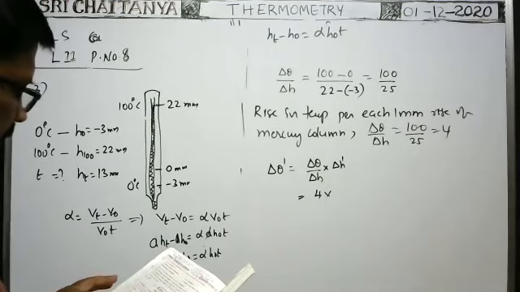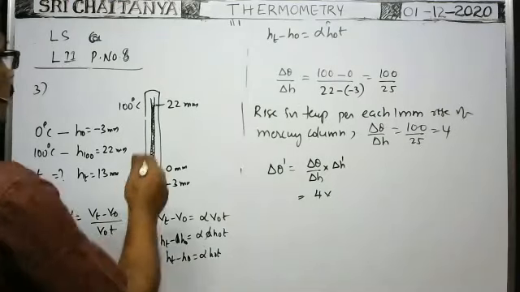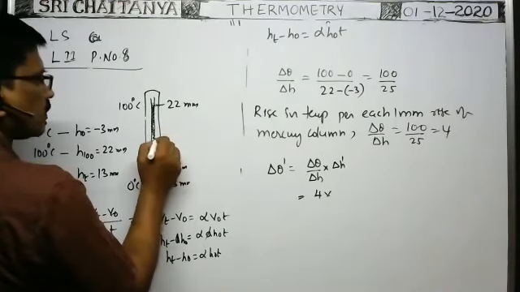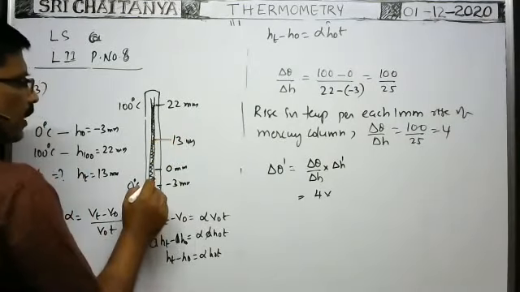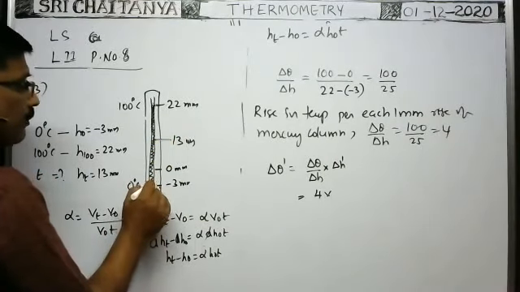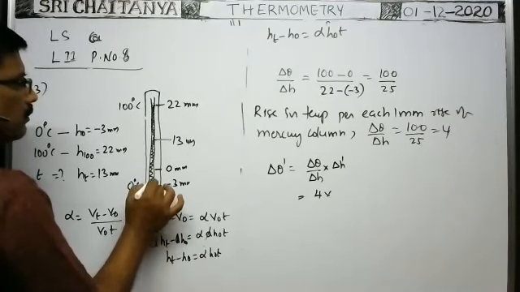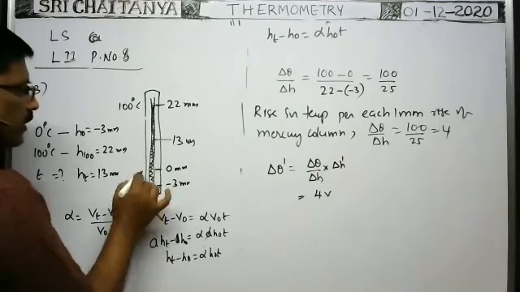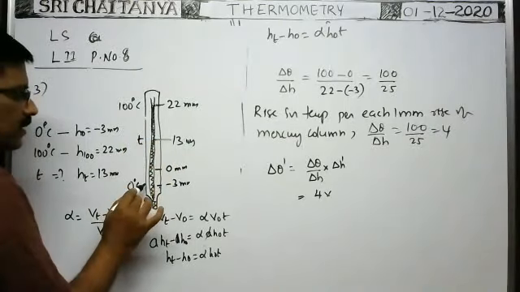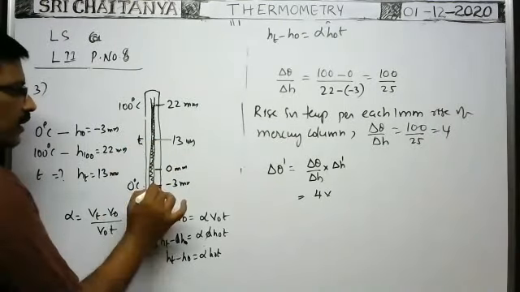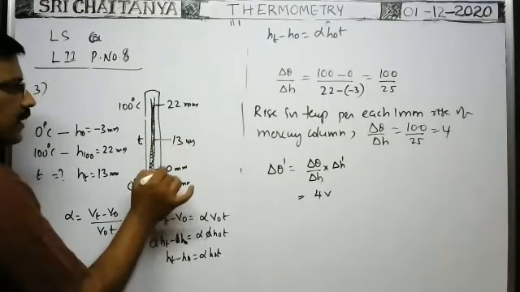We need the temperature in degrees centigrade when the thermometer reaches 13 mm. Suppose 13 mm is here. Then what is the rise in mercury column? The rise in mercury column from 0 degrees centigrade to the temperature here, say T. When the temperature changes from 0 to T degrees centigrade, the rise in mercury column is from minus 3 to 13.